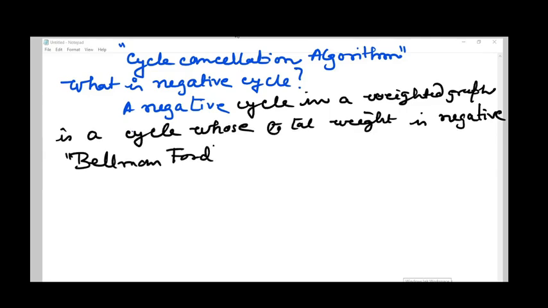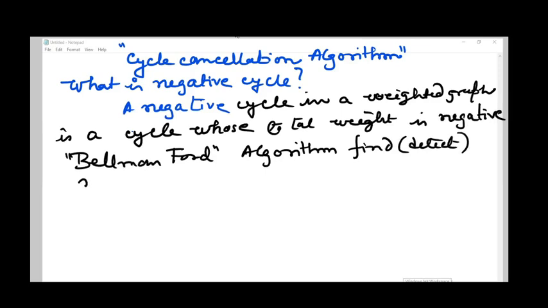Bellman-Ford algorithm finds, or a better term is detects, a negative cycle in a graph.